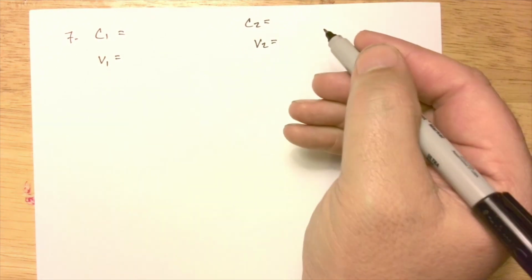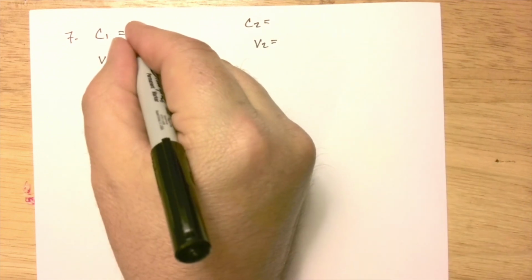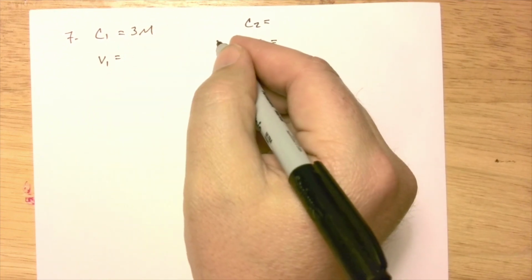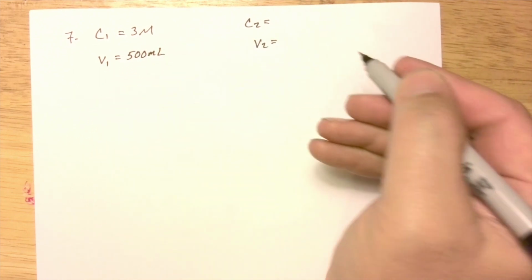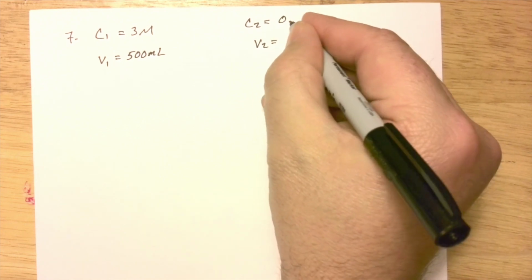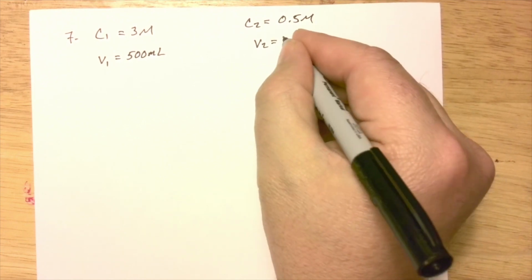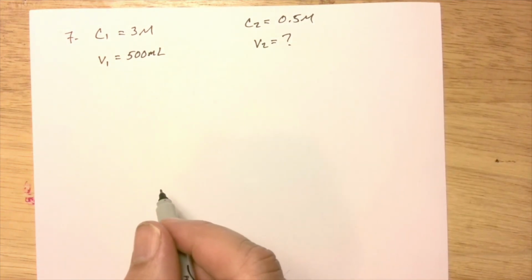You have a 3 molar solution, and you have 500 milliliters of it. And you're trying to make a 0.5 molar concentration. So the question is, what volume must you dilute it to give you that concentration?